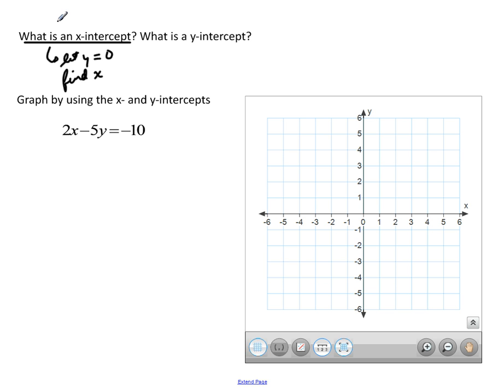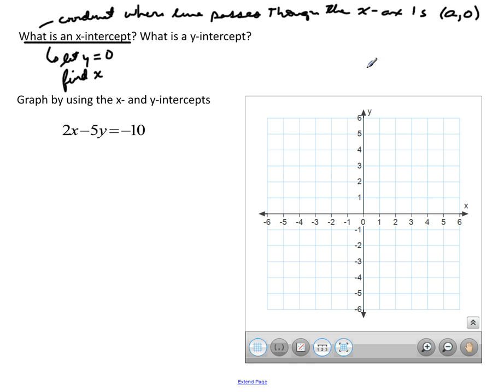So the X-intercept is a coordinate where the line passes through the X-axis, right? That means it's going to take a point of the form a comma 0.